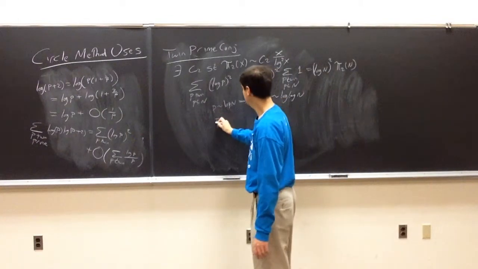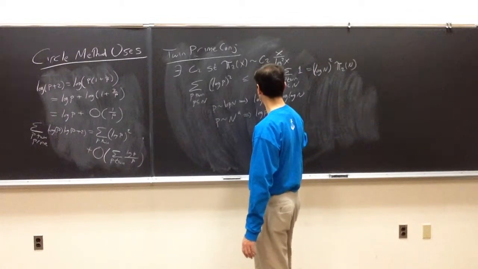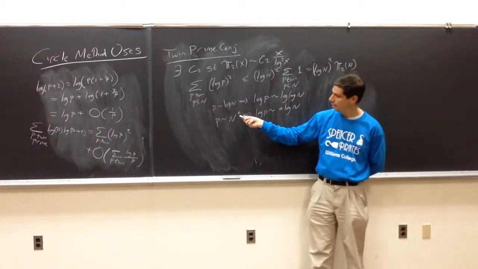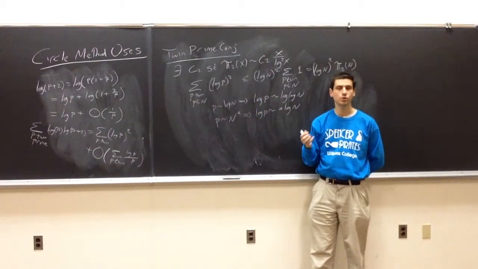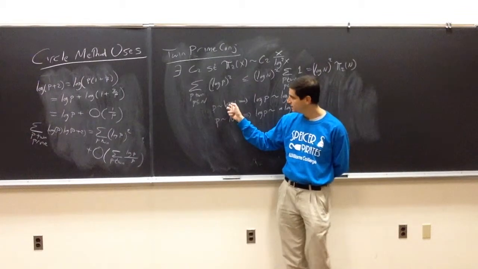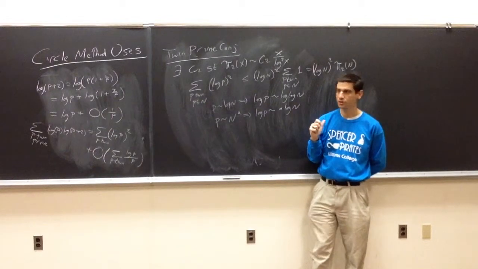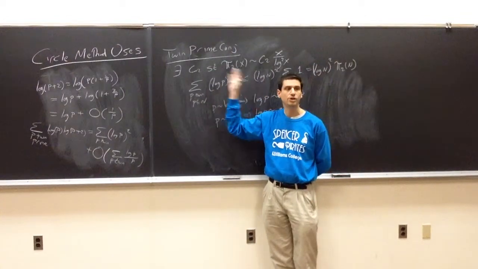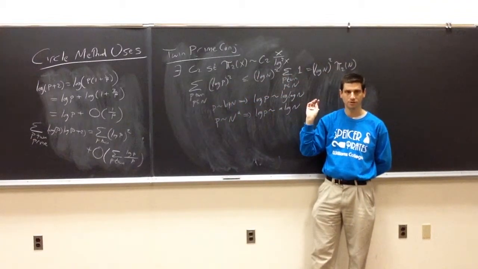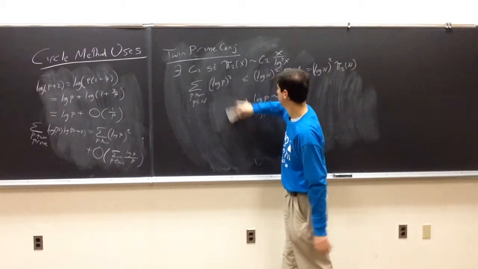If you take p of size n to the a, then log p is about a log n. So once I'm at a power of n, all these log squareds are essentially the same up to a constant. If I go all the way down to log of n, they actually differ in size. Again, I will lose out in the constant, but I'll get the right growth rate.